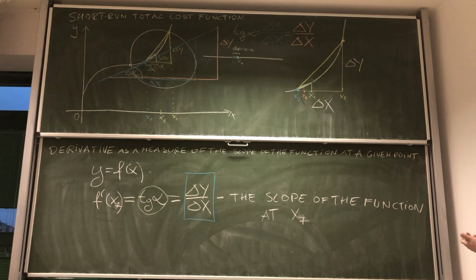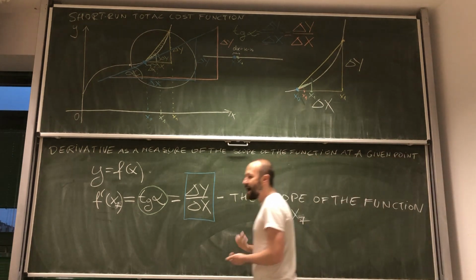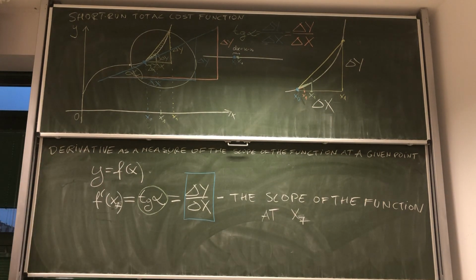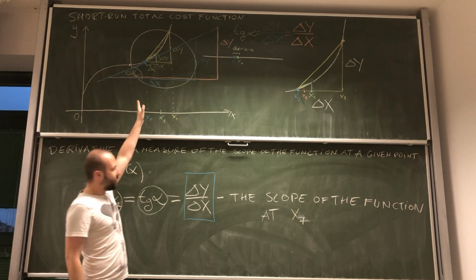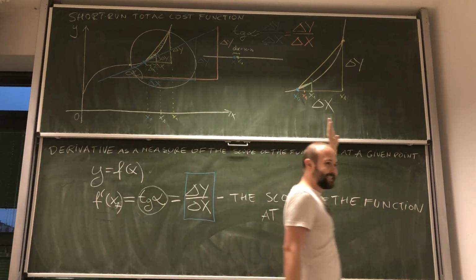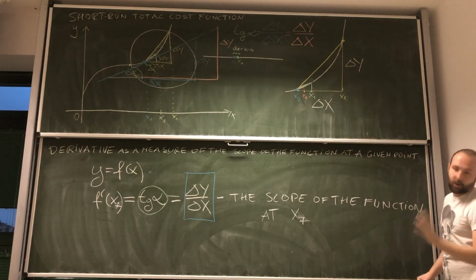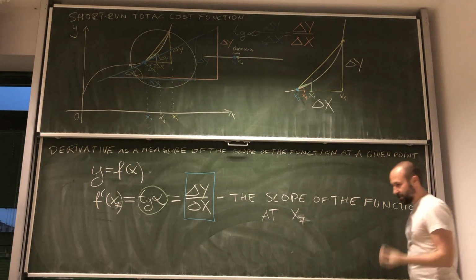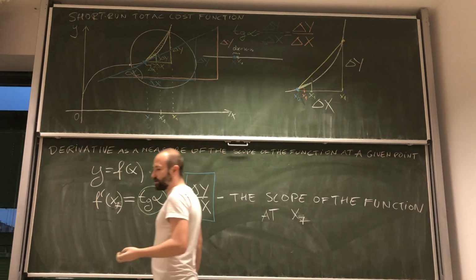So, once we've learned how to calculate a derivative, we will be able to find the slope of the function at any given point. Okay, so this is what we're going to do next.